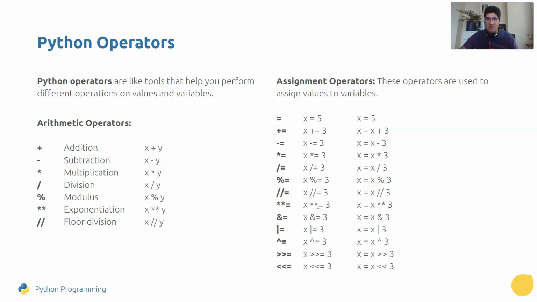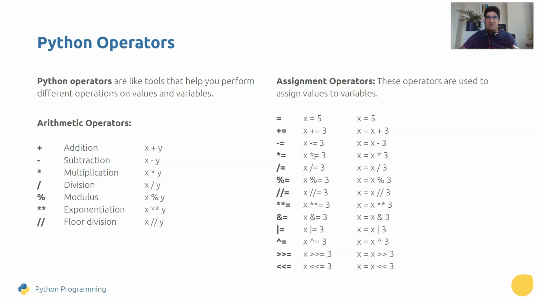All of those assignments use the left hand side variable, run the operation with the value on the right hand side, and assign the result again to the left hand side variable. So in this case, it will add 3 to x and put the result inside the x variable.